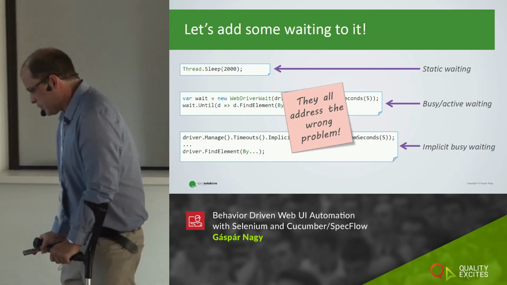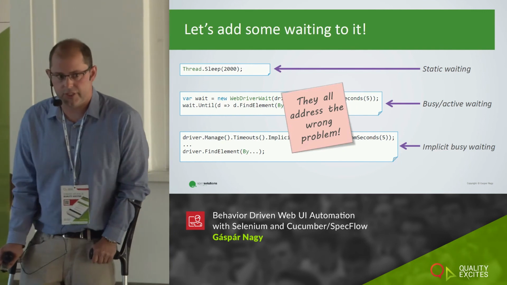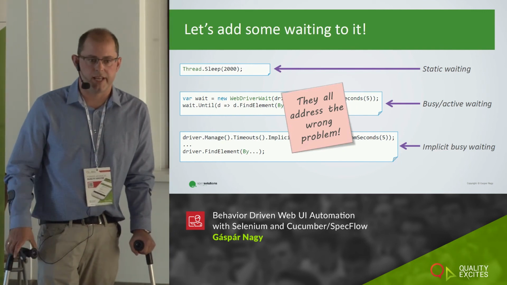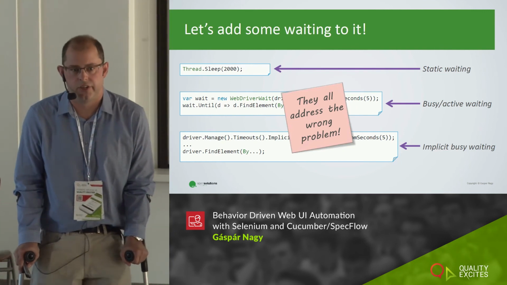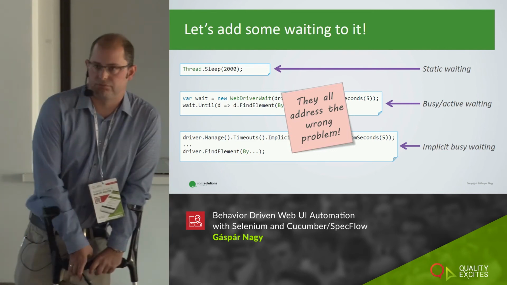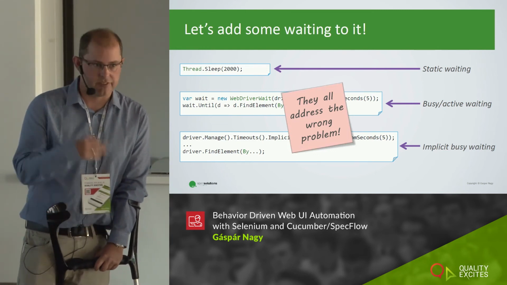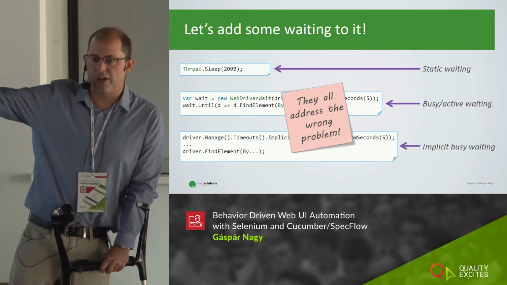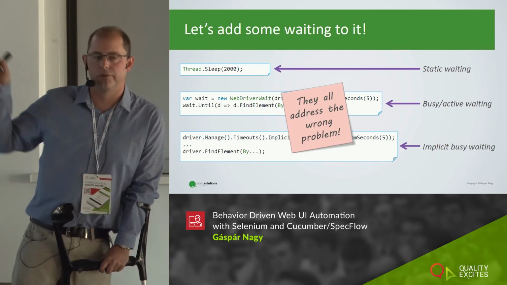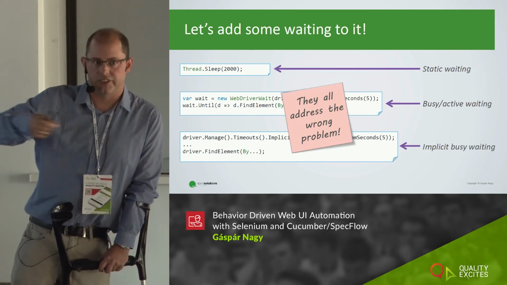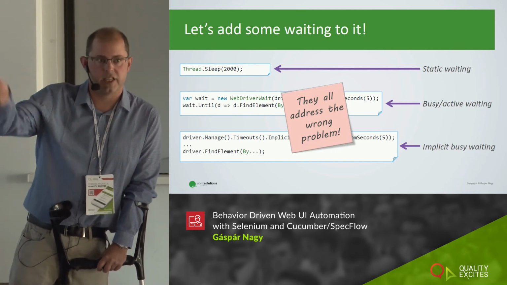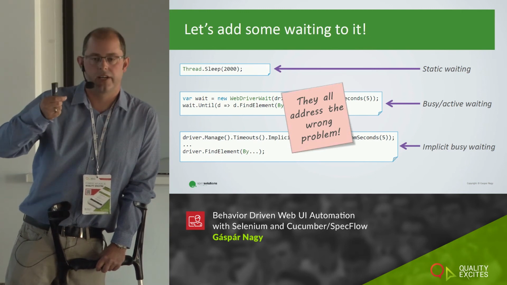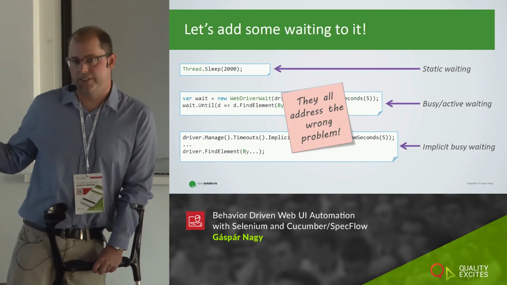The other typical approach is that you are applying some kind of, it is sometimes called, active waiting or busy waiting or active polling, which the different frameworks are providing some waiting infrastructure for that. And it's pretty easy to use. You just make a timeout. So let's say that we are waiting maximum 5 seconds. And basically, the infrastructure is just trying to call this find element regularly until it either finds or it times out, right?